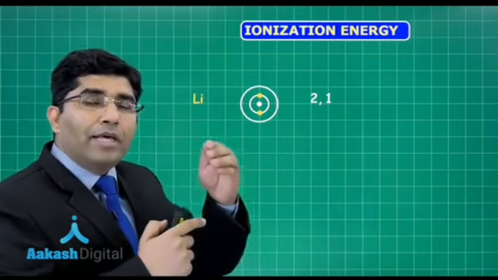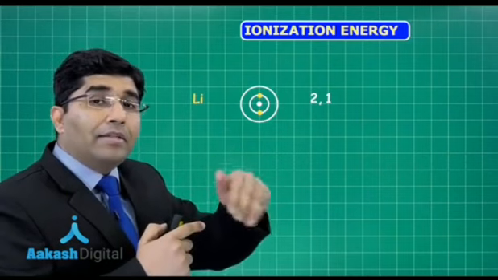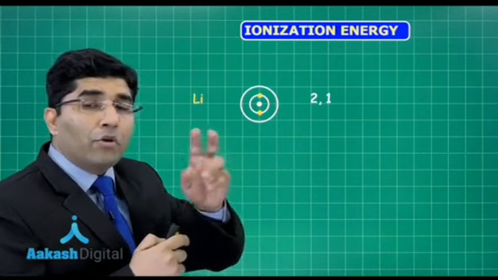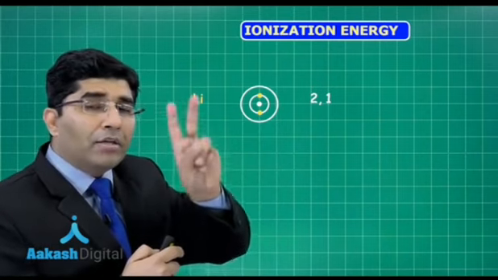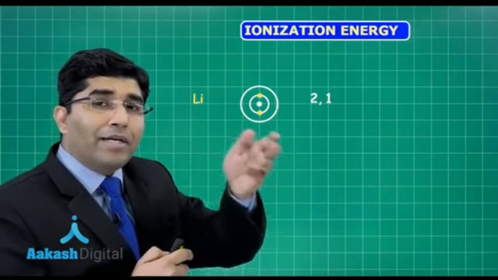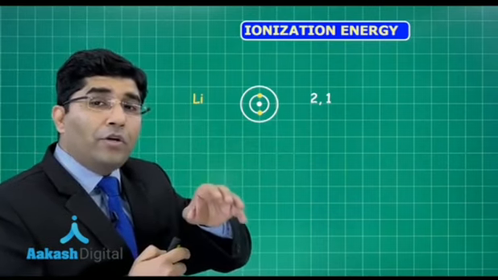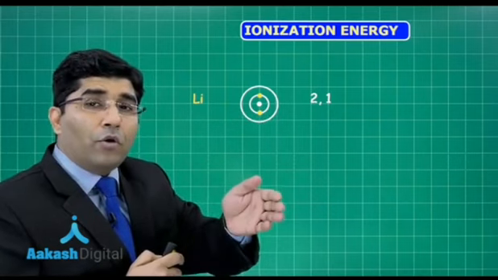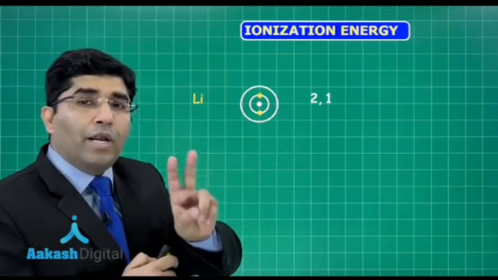They are shielding that valence electron from the nucleus. So how many electrons are shielding? There are 2 electrons which are decreasing the effectiveness of the attraction of the nucleus on the valence shell electron.